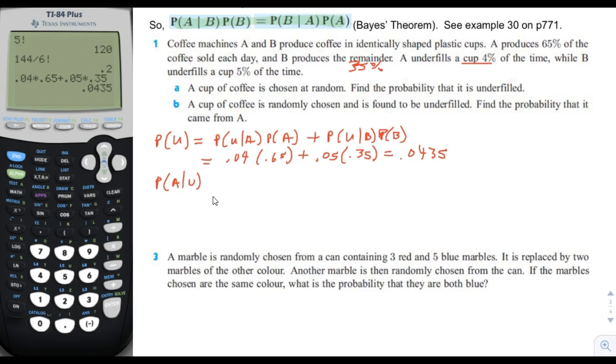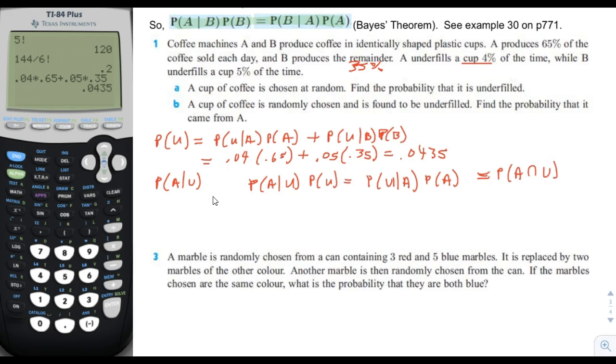So remember that the probability that it is A given that it's underfilled is kind of related to the probability it's underfilled given that it's A. All we need to do is multiply it times the probability of underfilled, and then we set that equal to the probability it's underfilled given A times the probability it's A, because both of these are related to the probability that it's A and it's underfilled.